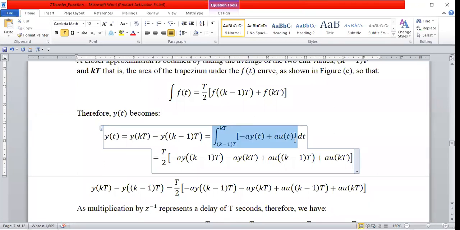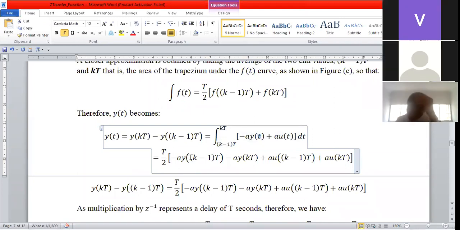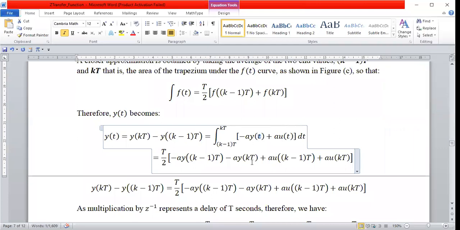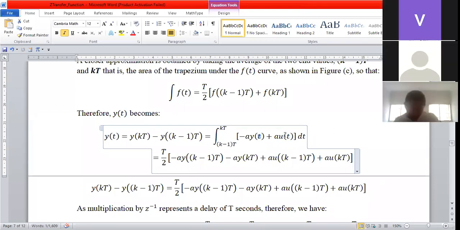So we are replacing this integration with this. You consider t at the start, that's k minus 1 t, and you consider t at the end, which is kt. You consider this one at the start, k minus 1 t, and at the end, kt.